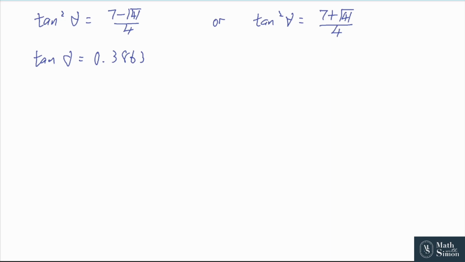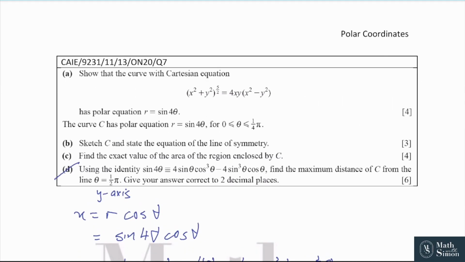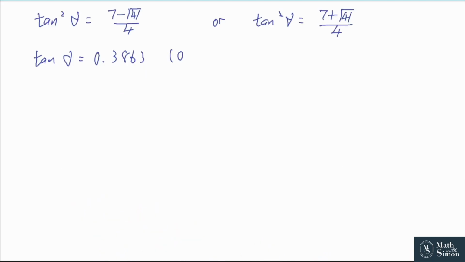In the question, the value of theta given is only from 0 to 1 over 4 pi. So you can mention that we are only taking the positive value of tangent theta because theta is only from 0 to 1 over 4 pi. Or else the mark scheme actually expects us to write the plus minus.